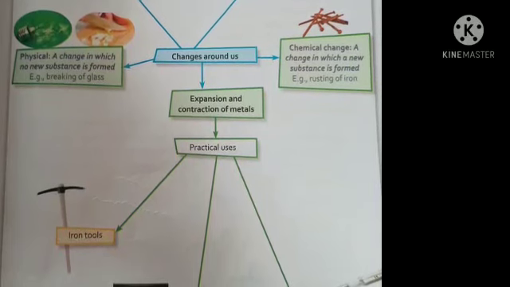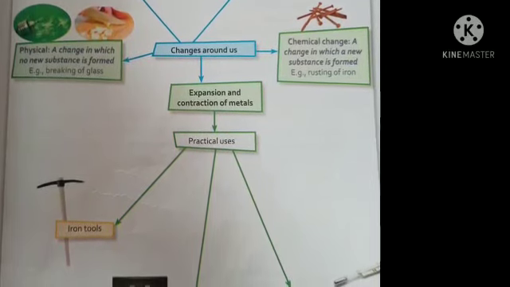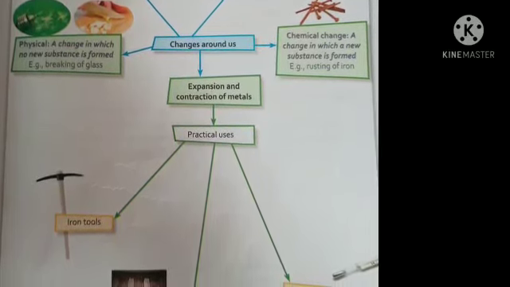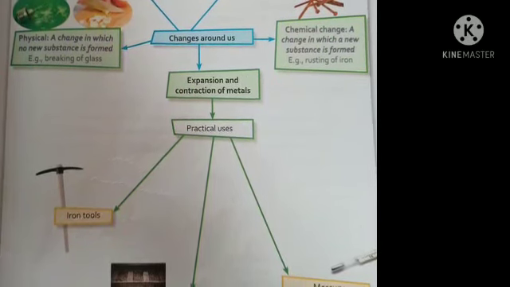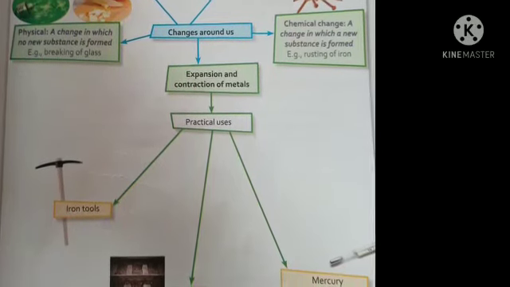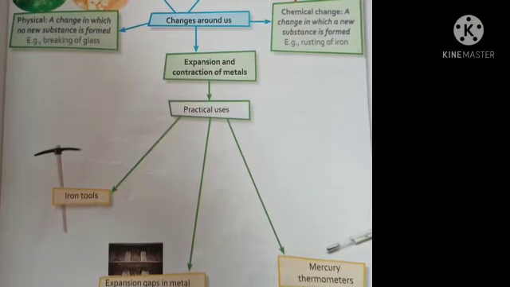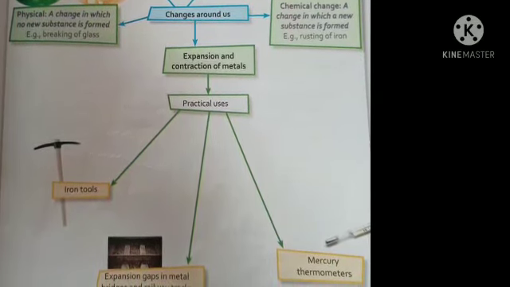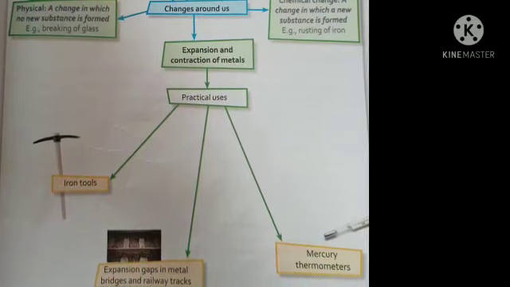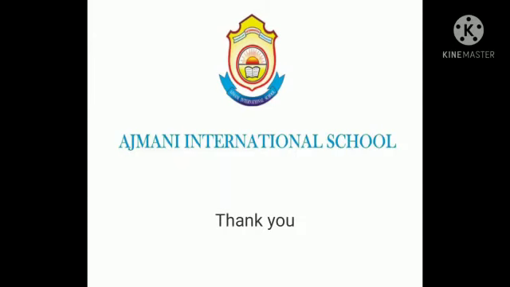Now students, expansion and contraction of metals. Practical uses are in iron tools, in expansion gaps of metal bridges and railway tracks, and in mercury thermometers. Now students, this is it for this chapter.